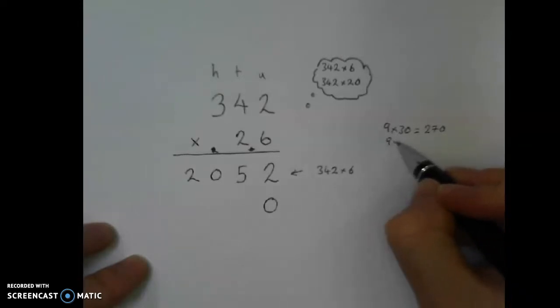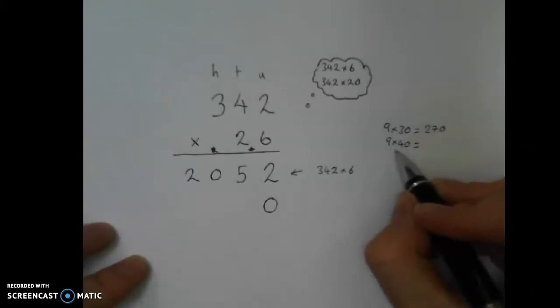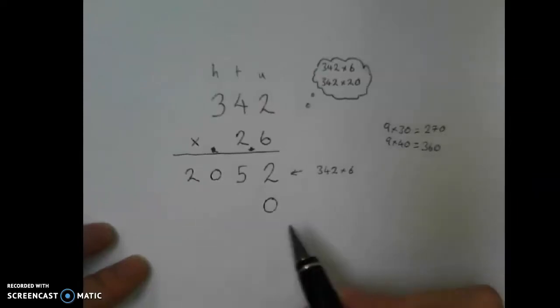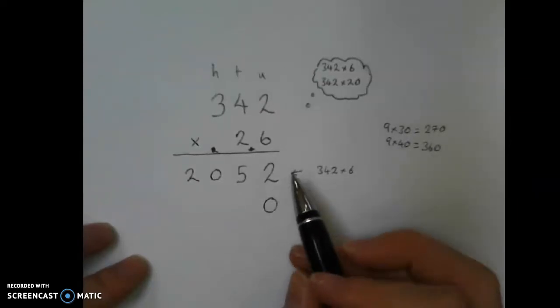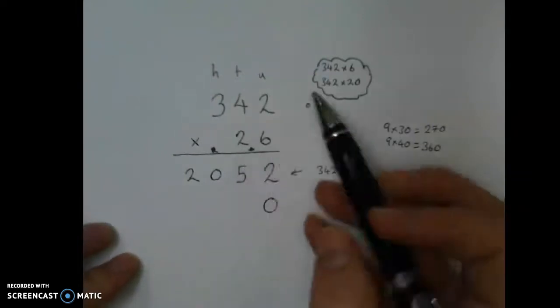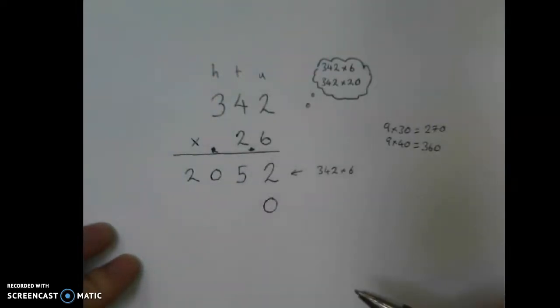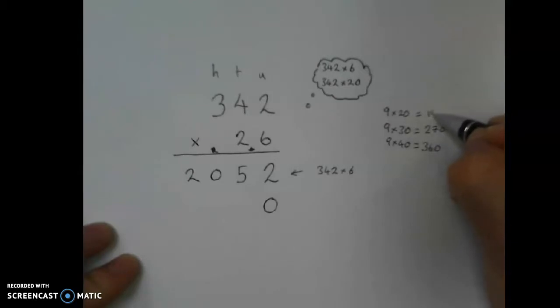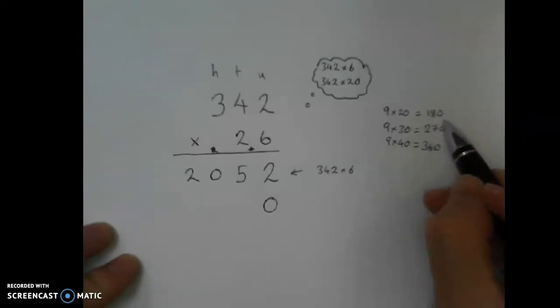If you're doing 9 times 40, well, that's easy, just 9 times 4, which is 36, with a 0 on the end. This is just trying to explain why our magic zero comes into it. It's multiplying by 20, which is multiplying something by 2 and then putting a 0 on the end. Again, 9 times 20 is 180, because 18 plus 0.